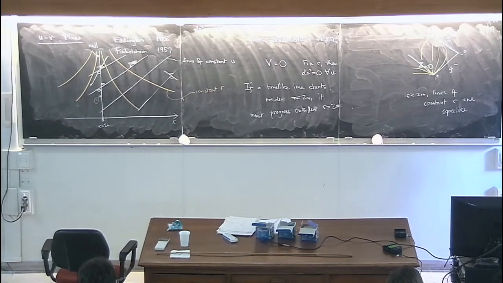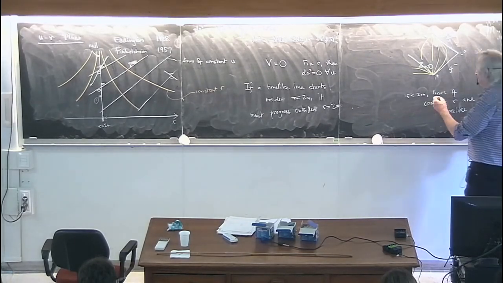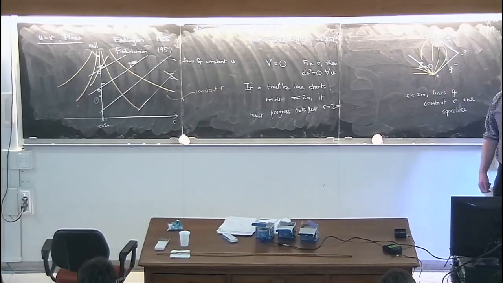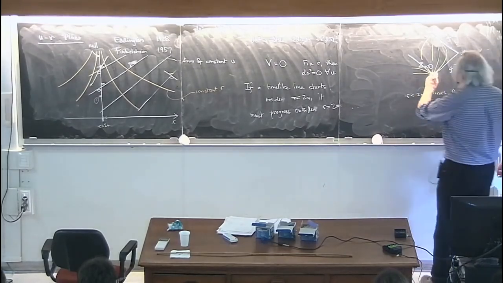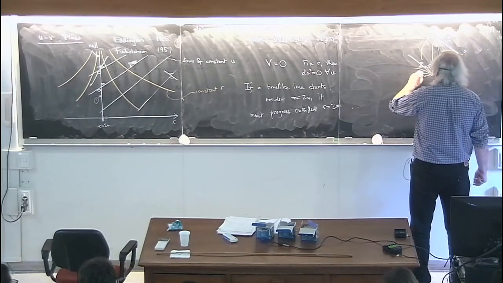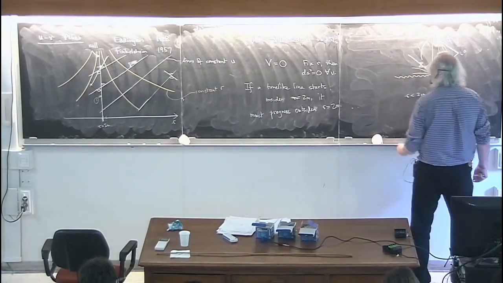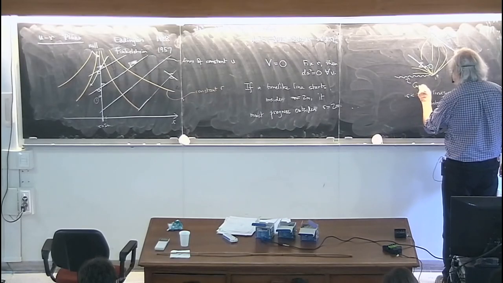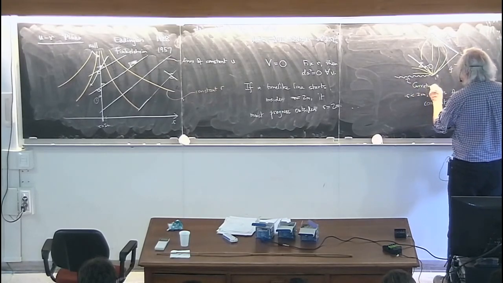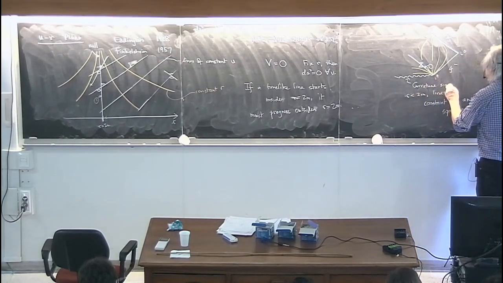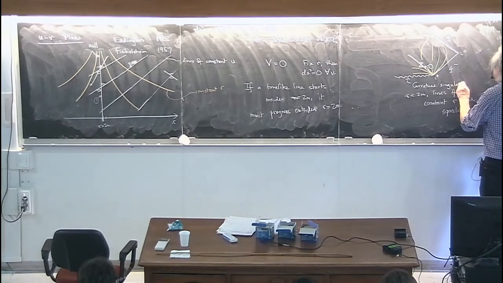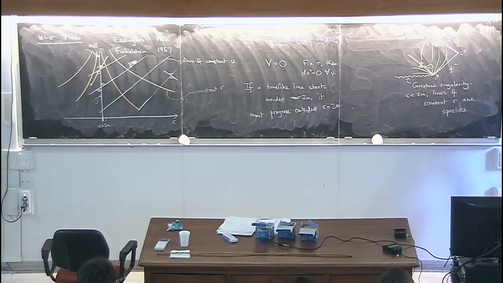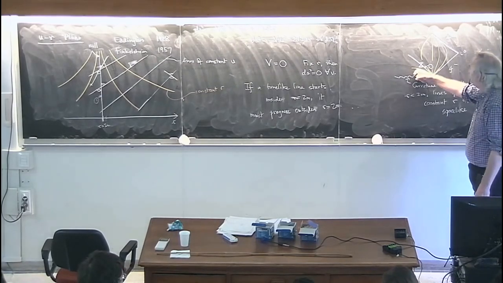You can continue to decrease r till you get to r equals 0, where you know something really bad happens. So I'll draw that as a line which looks like this, the wiggly line, which is a curvature singularity. So that's the kind of picture that you get. There is this region which you must escape from.